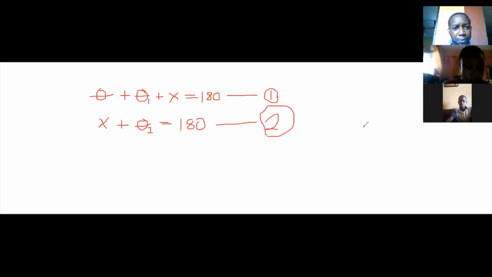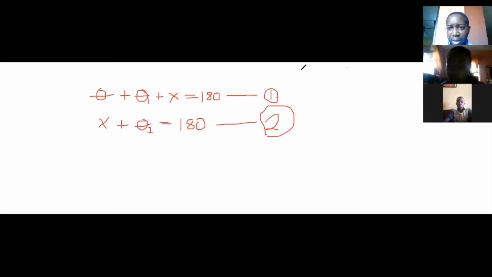Now, this that I have done is for you to understand what I'm trying to do. I'm trying to derive the formula that was used for this particular explanation. Can you still see? Okay, good.